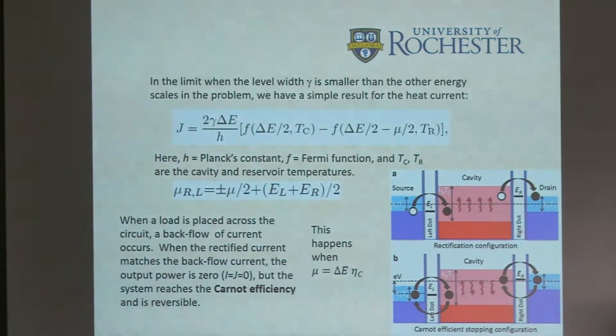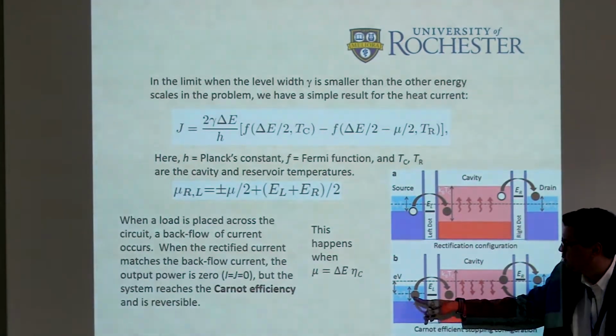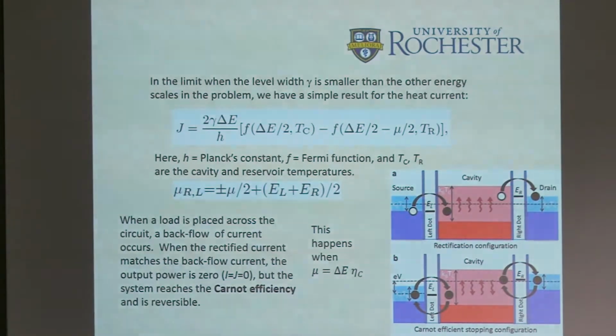So the thermal induced current will match the backflow from the voltage, and so I'll have exact equilibrium. So for every process I go from right to left, I'll have the same process equally probable going from left to right. And at that configuration, we call this the stopping configuration, where I stop the thermal flow of current, and that's exactly a Carnot-efficient heat engine at that point.